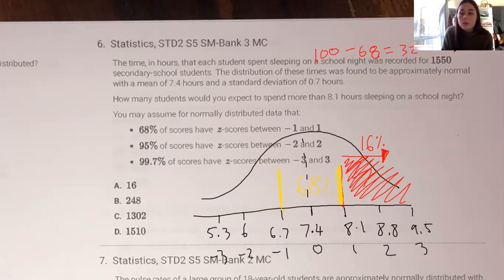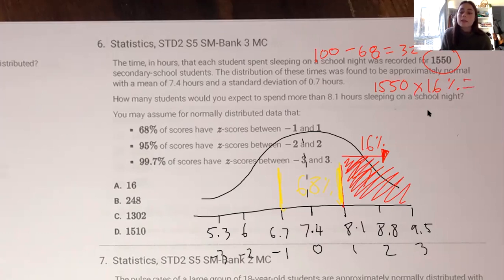So now we can do 1550 times 16% to figure out how many students would spend more than 8.1 hours sleeping.